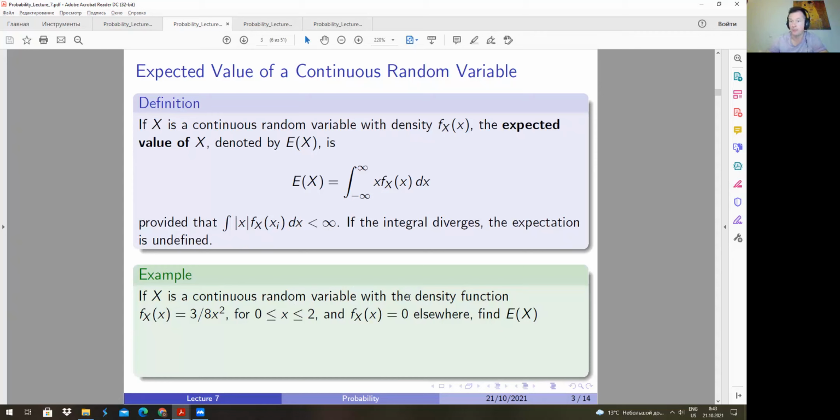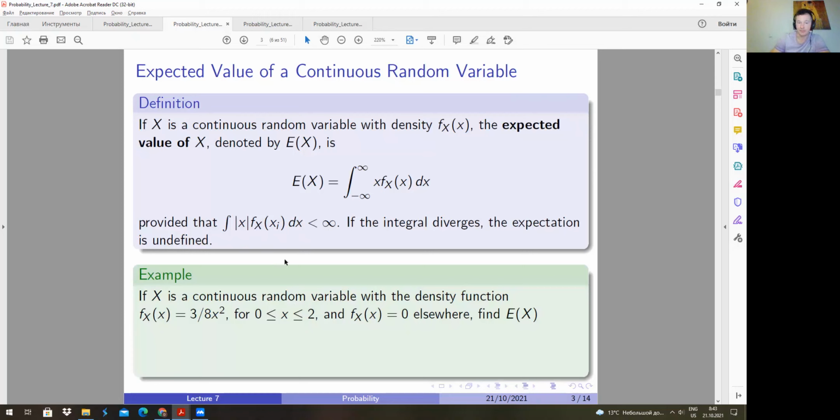Once again, x takes any value from minus infinity to plus infinity, but we made this more precise, from 0 to 2, because the integral of 0 from minus infinity to 0 is just 0, right? So we don't need to write this down.